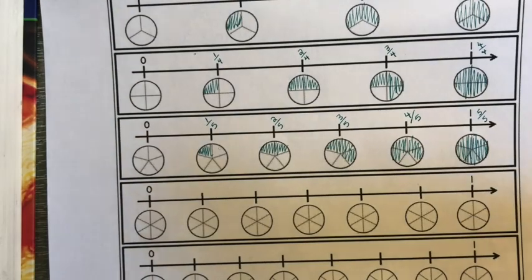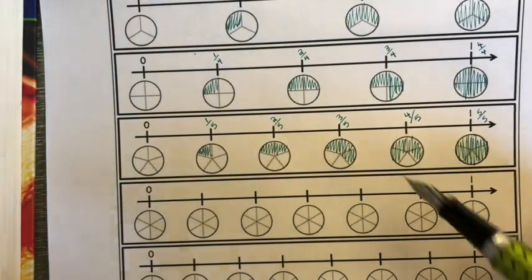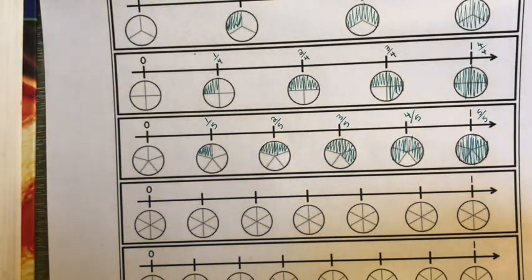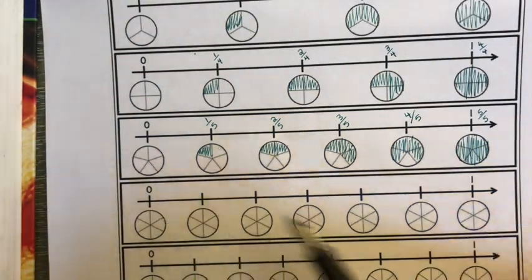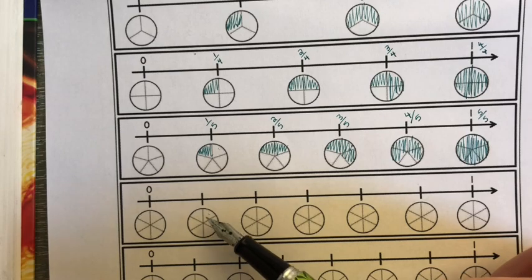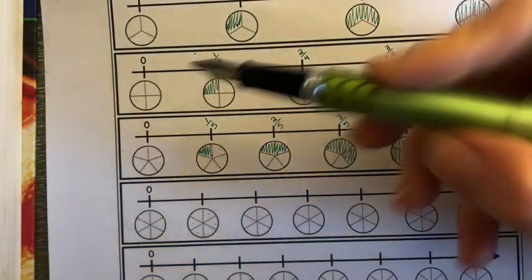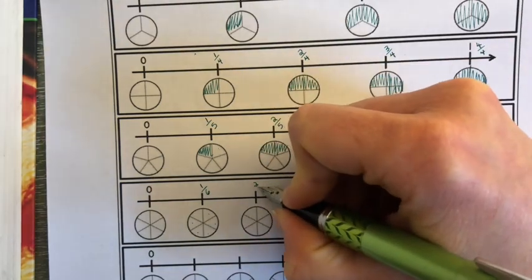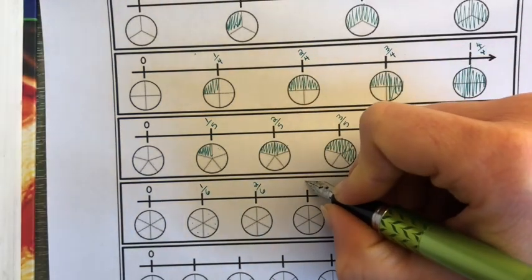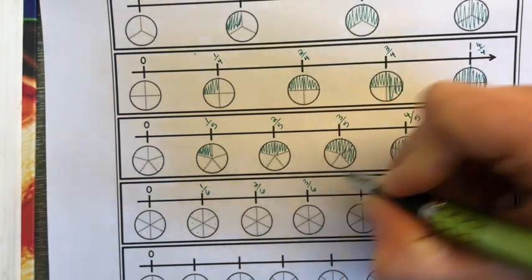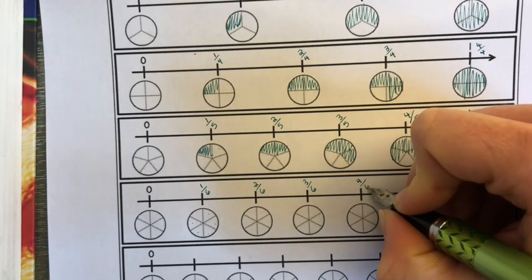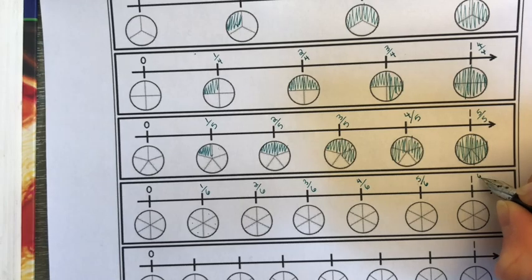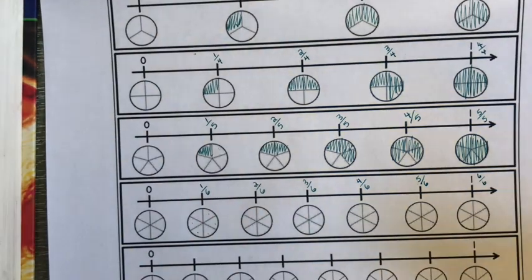Now this one, it's got lots. So again, this is the same length of line, it's just broken into smaller and smaller pieces. So this line is broken into 1, 2, 3, 4, 5, 6 pieces. So I would have, this is the first 6th, second 6th, third 6th, 4th 6th, 5th 6th, and then 6/6, which would be the same as 1 whole.